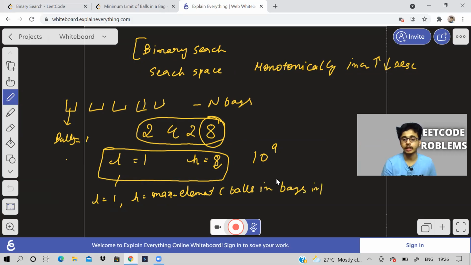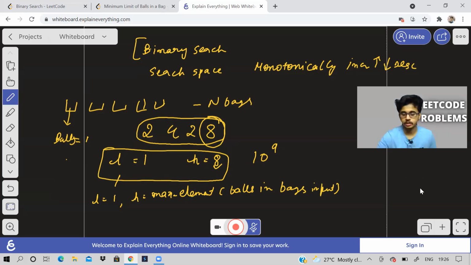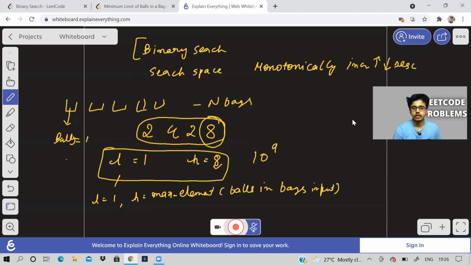This is the input, right? We're talking about the input given to us. So first we have fixed the search space. Now what should we search for? In binary search, what do we actually do? We do something like this: mid is equal to L plus (H minus L) by 2.